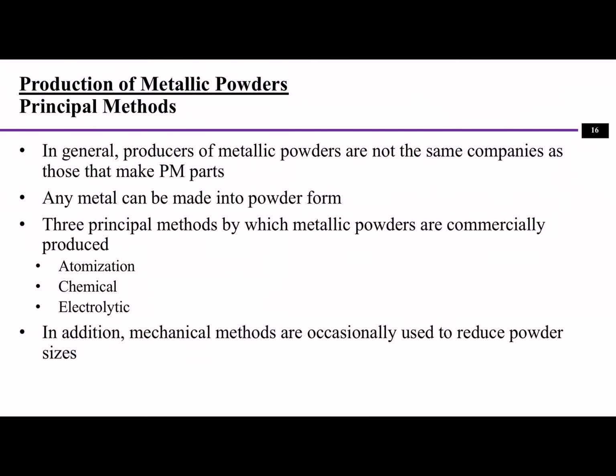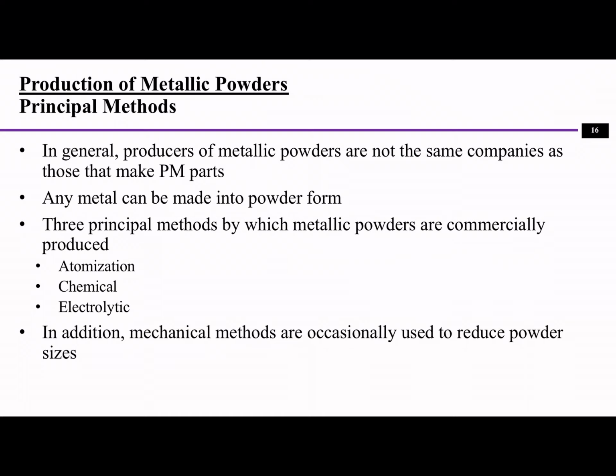And the making of the powders is usually a separate operation. What the manufacturer will do is buy the metal powders from a supplier, and then start to make the product from those metal powders within their own shop floor. But the powder making is usually done by a different supplier.